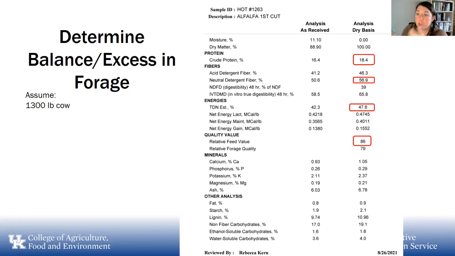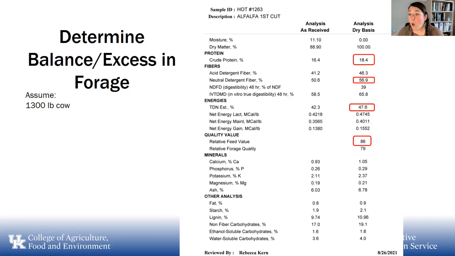In general, you want to feed your best quality hay to your lactating cows, or your cows that need the most energy. And so what I tell folks is if you've got a spring calving herd, which is typical for this area, you're going to want to feed your lower quality hay before Christmas or in the early part of the winter.